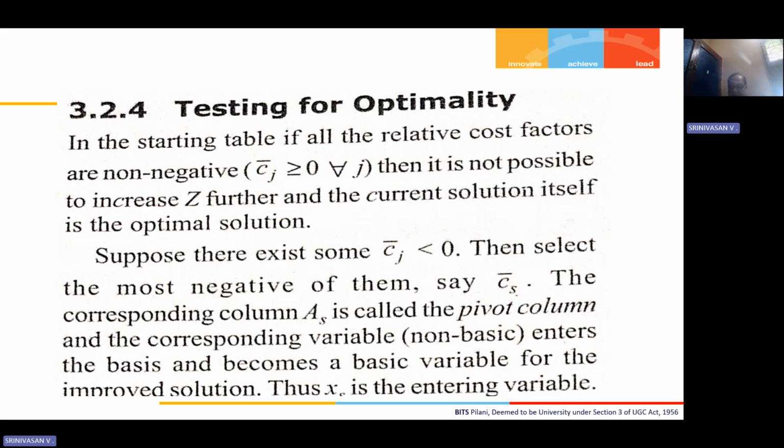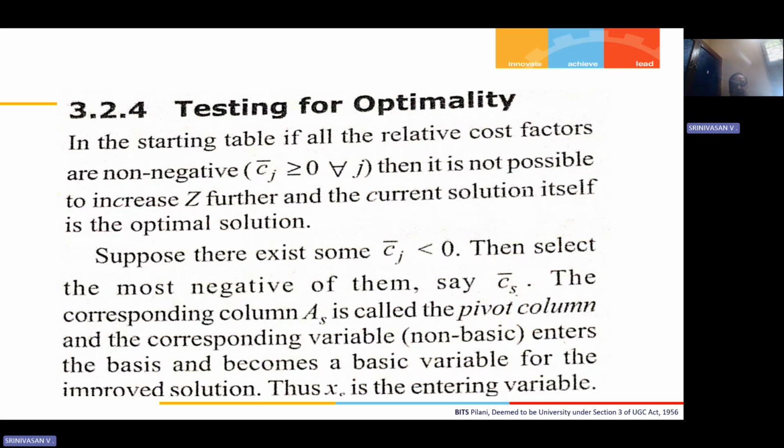So if in the starting table your Cj bar, that is Zj minus Cj, are all greater than or equal to zero, it is possible only when your coefficients C1, C2, etc. are all negative, so that Zj minus Cj becomes positive, which is very rare.